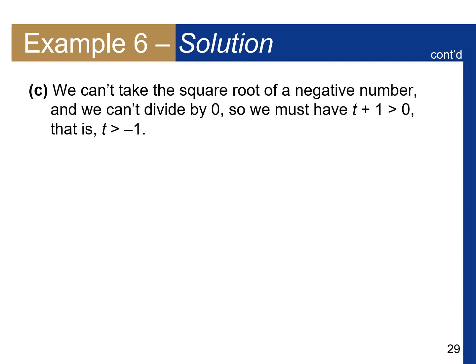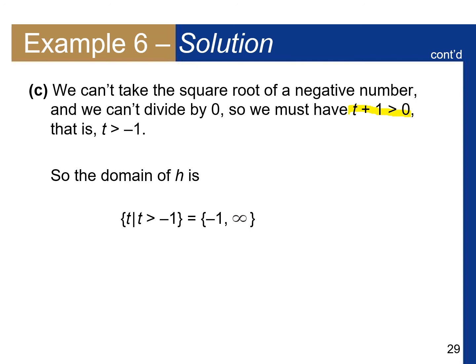We can't take the square root of a negative again, so this has to be greater than 0. It can't be 0 because it's on the bottom. So we have to say that for all t such that t is greater than -1, or we can write -1 to infinity, and actually there should be parentheses here.